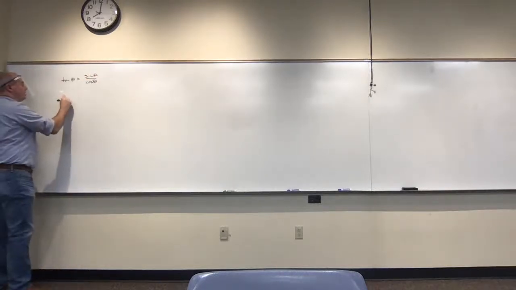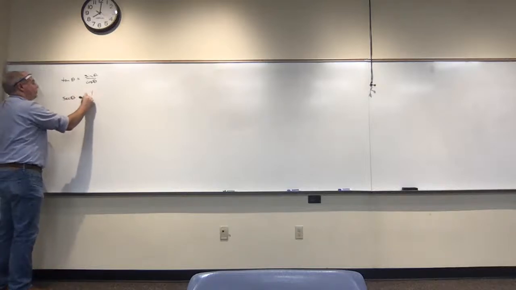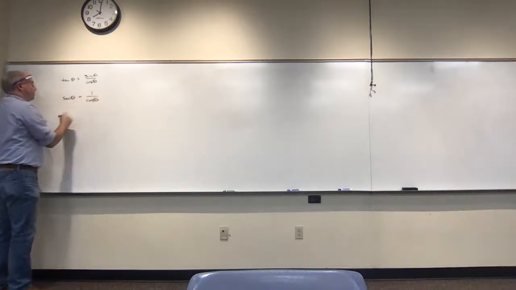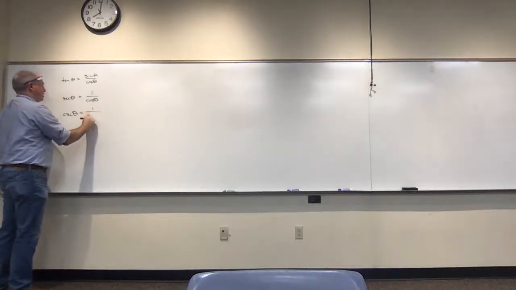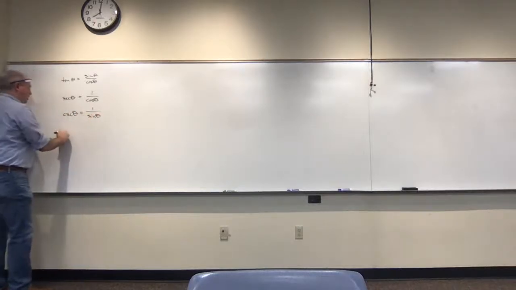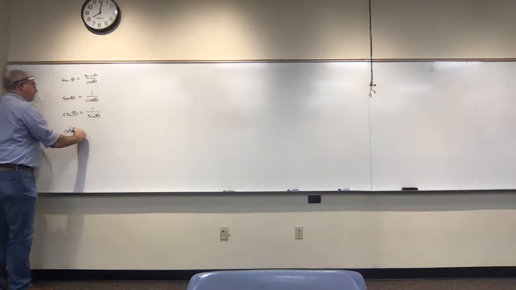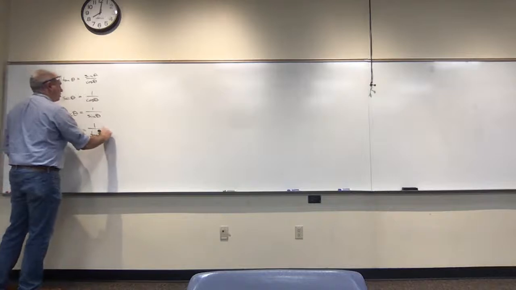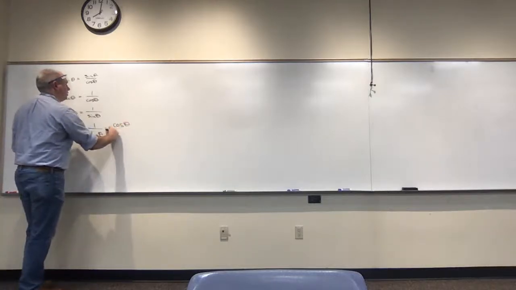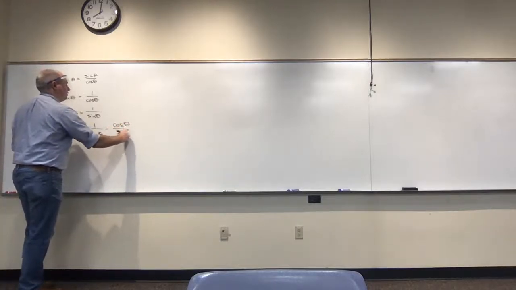That secant of theta is 1 over cosine of theta, cosecant of theta is 1 over sine theta, cotangent of theta is 1 over tan theta, which is also cosine of theta over sine of theta.